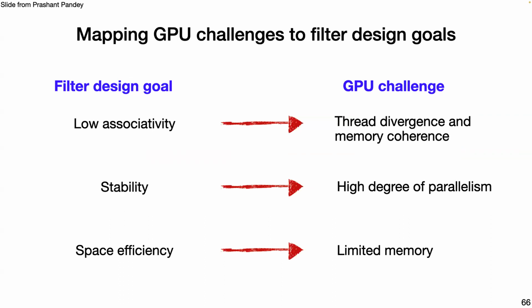However, we have these goals for the GPU filters, but they interact with the GPU architecture. One of the goals was low associativity, but it's not challenging necessarily, it just maps onto the GPU design.